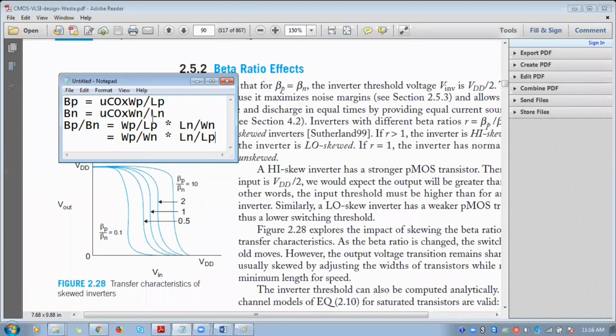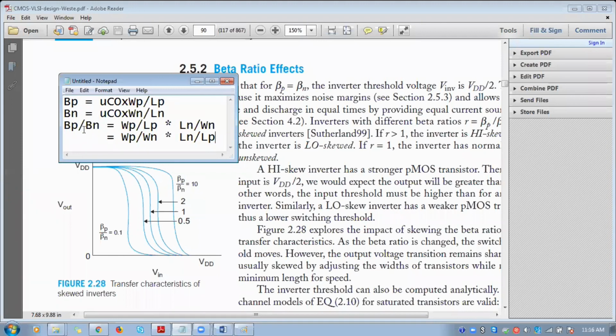Length will mostly be the same, but width may not be the same. The mu C naught x value will be the same with respect to the manufacturer. So mu C naught x WP by LP is beta P, and mu C naught x WN by LN is beta N.